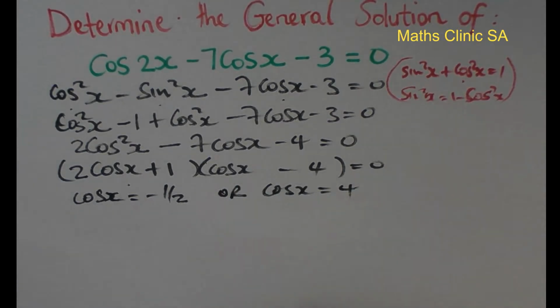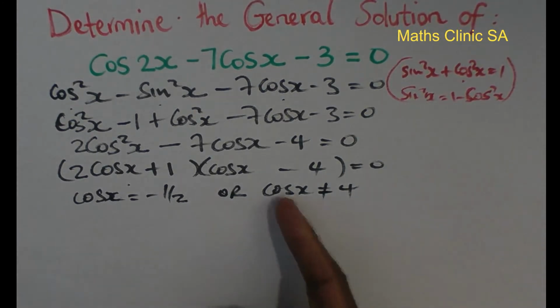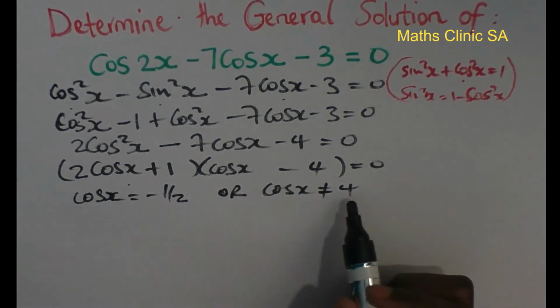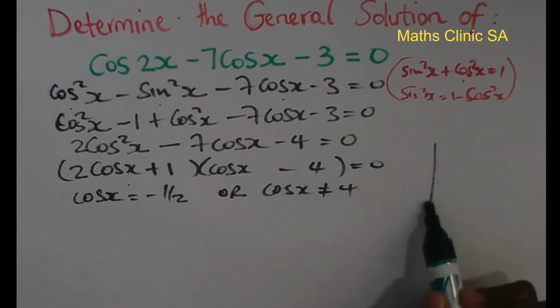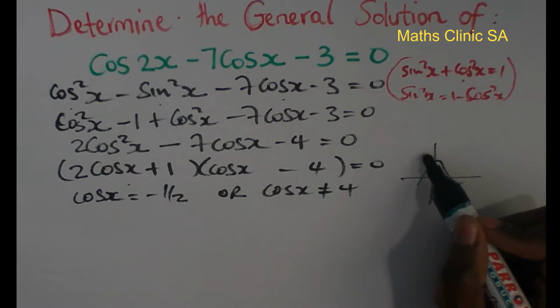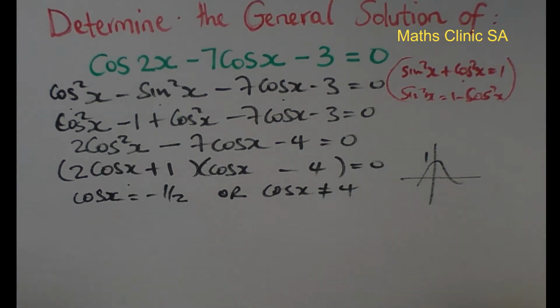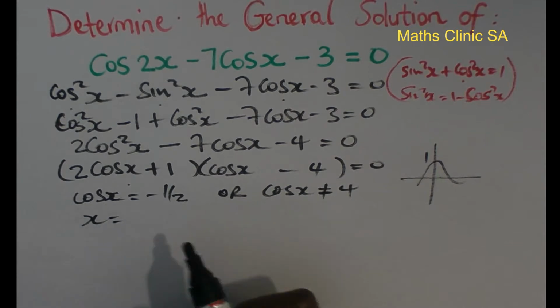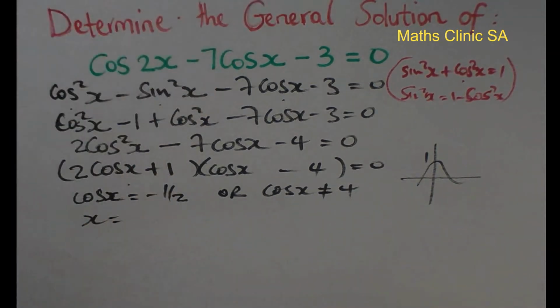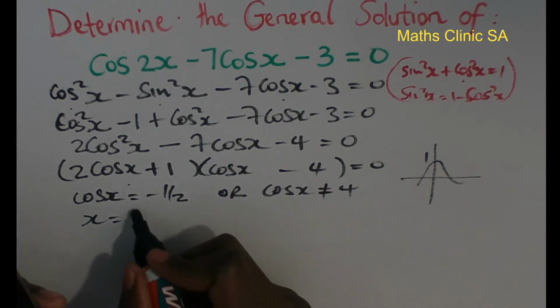Cos of x cannot equal 4, and you can verify this by taking the inverse cos of 4 on the calculator. Also, the graph of cos has a maximum value of 1, so it's not possible for cos of x to be 4. All right, then for the other one, x equals the inverse cos of a half. The inverse cos of a half is 60 degrees.